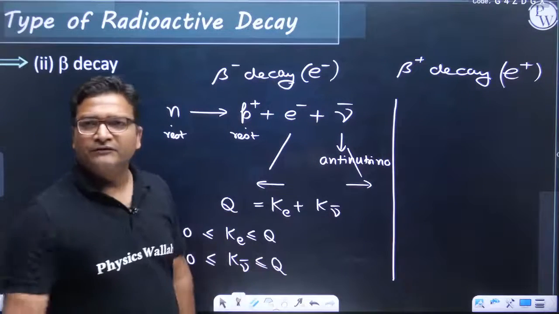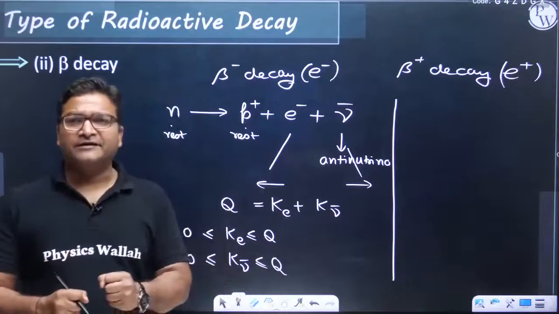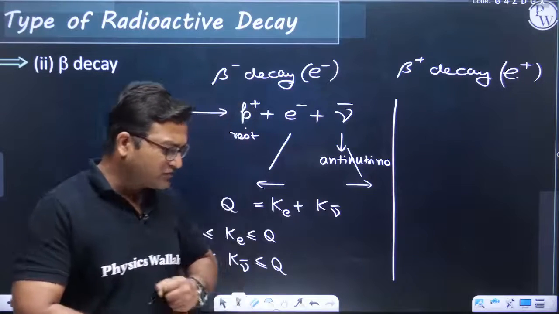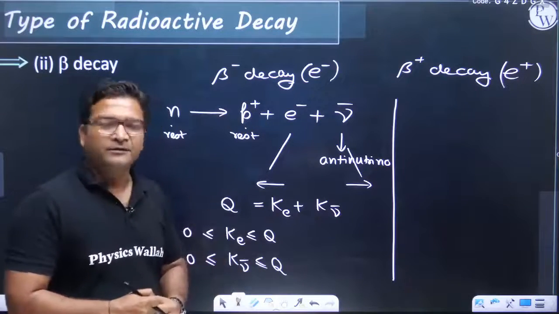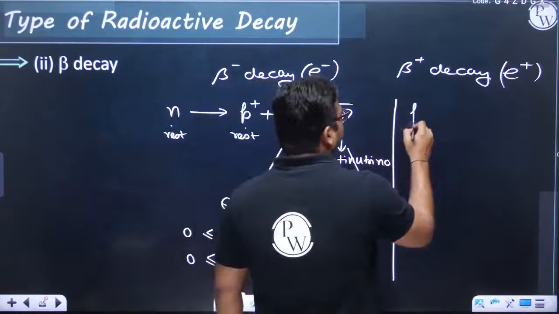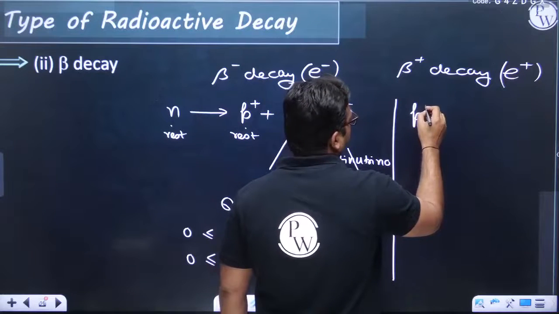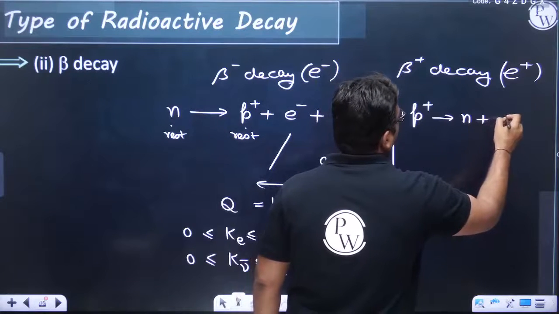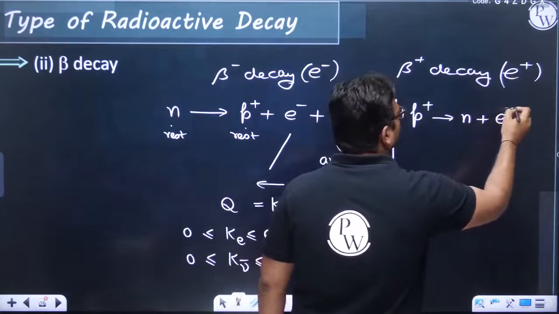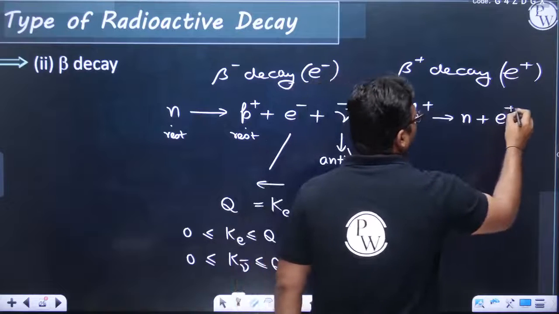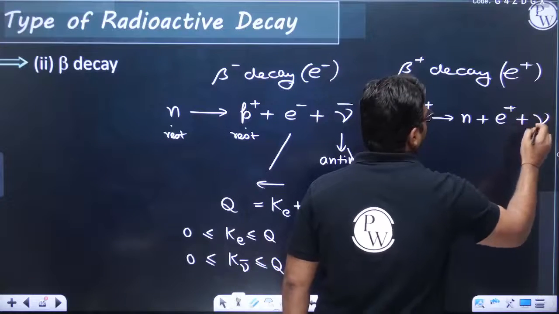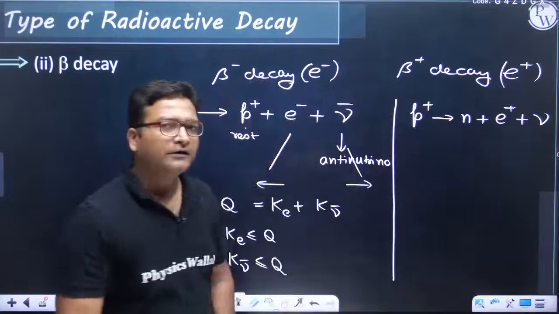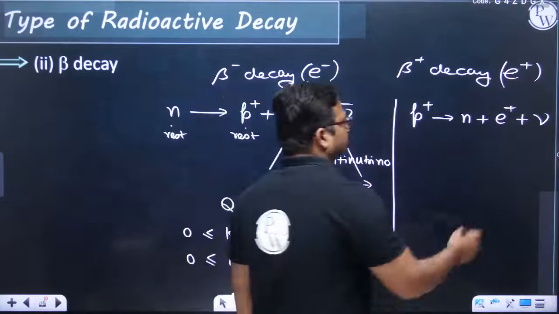When a beta positive decay occurs, a very excited proton, which makes the nucleus very unstable, is converted into a neutron, and anti-electron means positron. And here also a new particle is emitted, and this new particle is called neutrino.